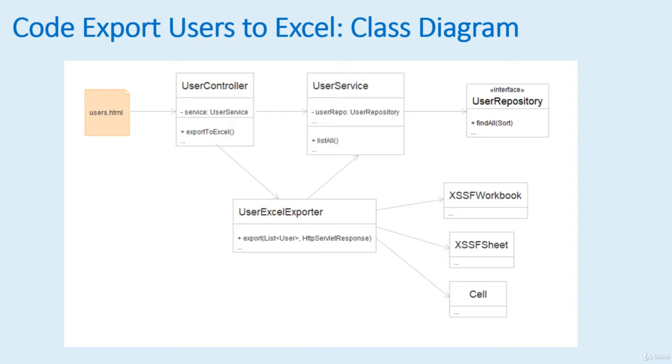For generating Excel documents, we need to use some APIs from the Apache POI library. Apache POI is a free and open source Java library for reading and writing Microsoft Office documents, including Excel.